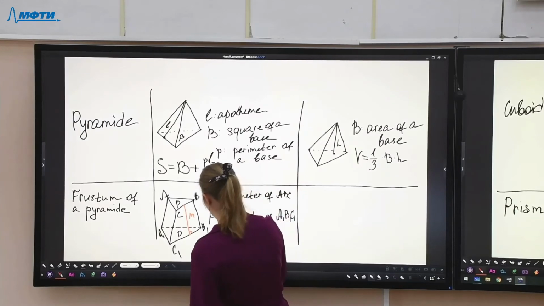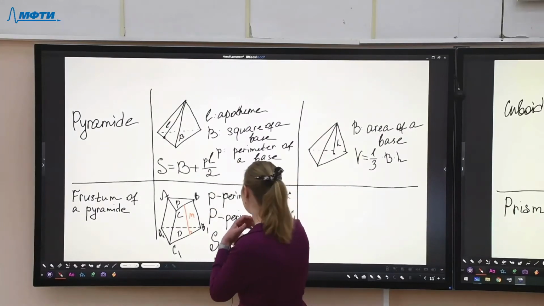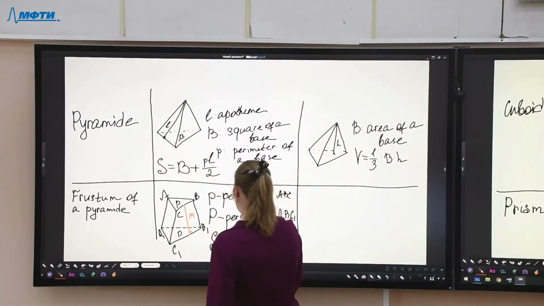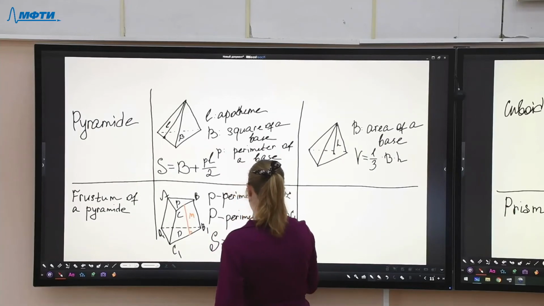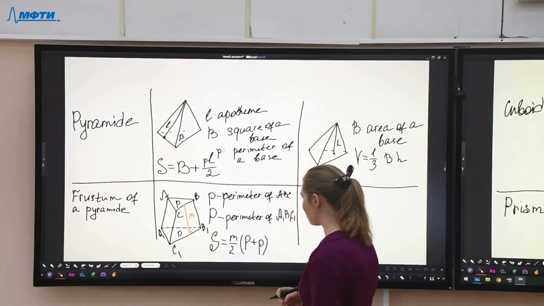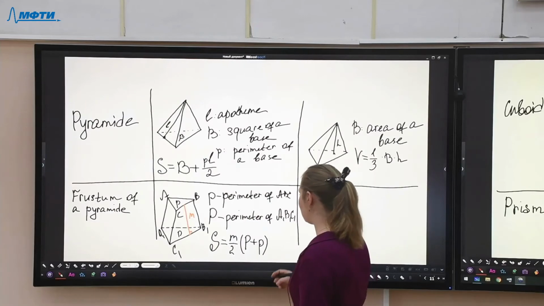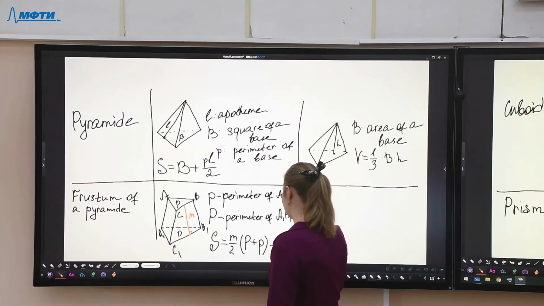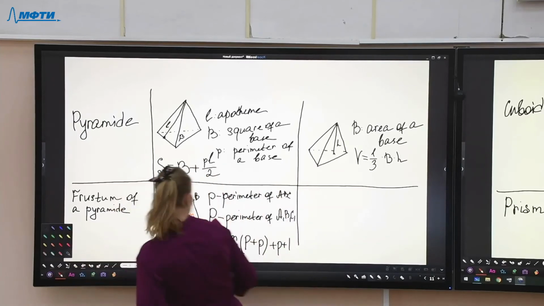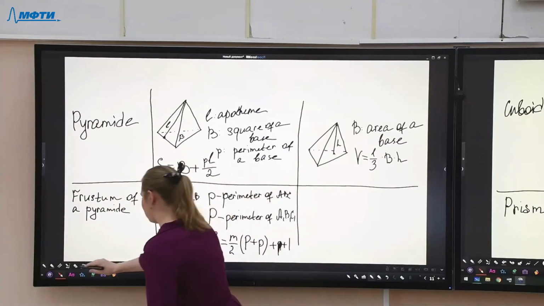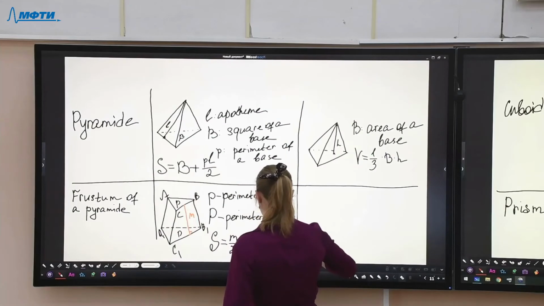So the area of a surface will be M over 2 times (p plus P), plus areas of each base.